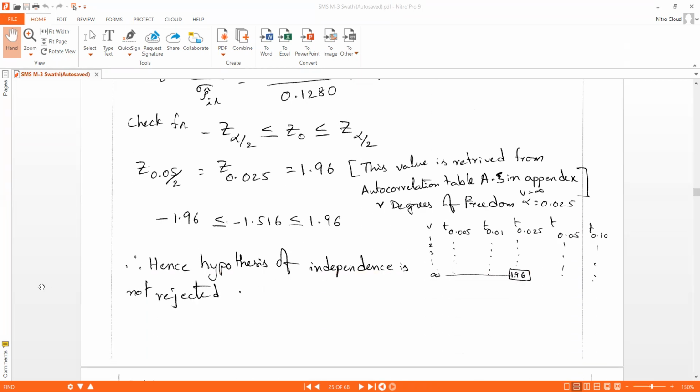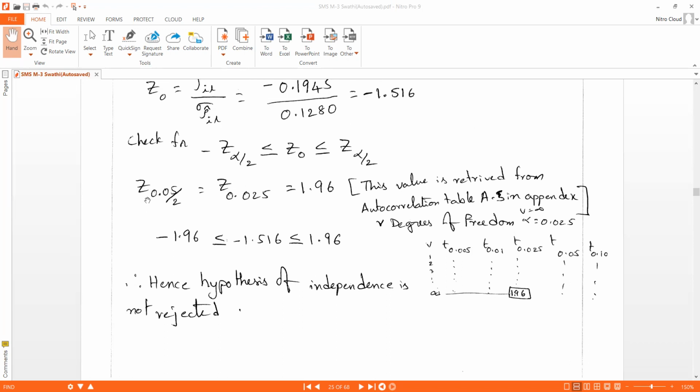Next, here, to check the random correlation between the random numbers, we need to check this formula, that is Z naught value should be greater than the minus Z alpha by 2, and Z naught value should be less than the plus Z alpha by 2 value. Okay, and here in the question they will give this Z alpha by 2 value.